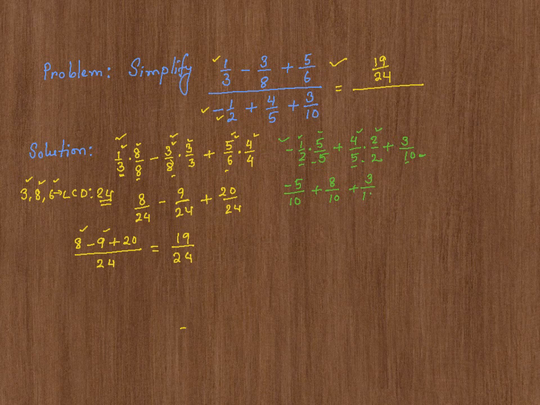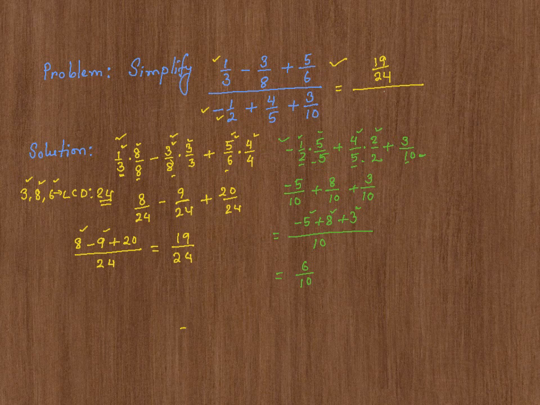Now I can combine it. It's going to give me -5 plus 8 plus 3 divided by 10. 8 plus 3 is 11, take away 5 is 6, divided by 10.